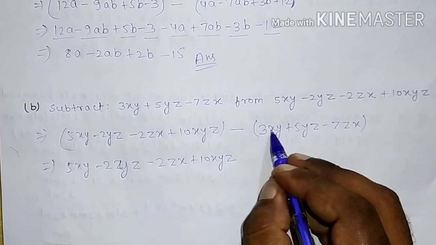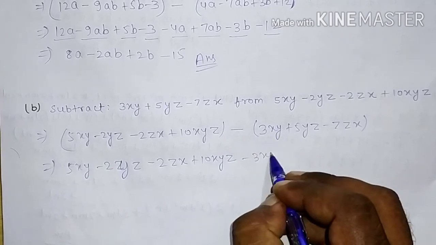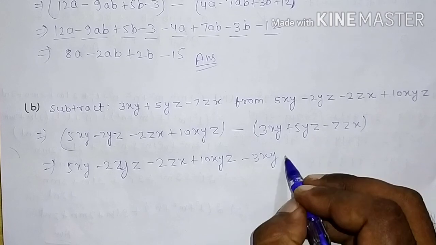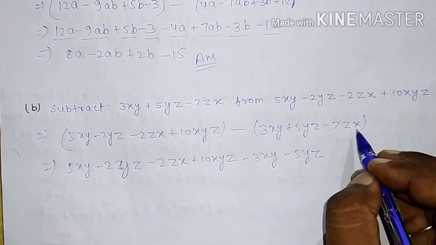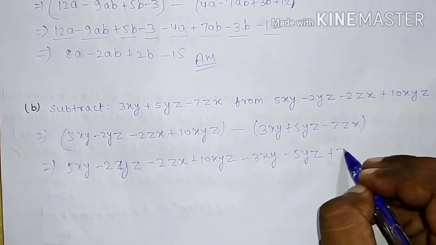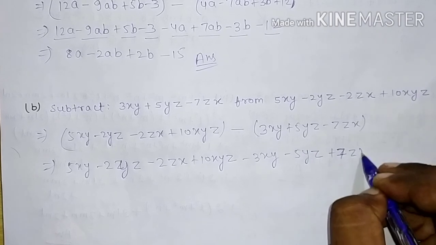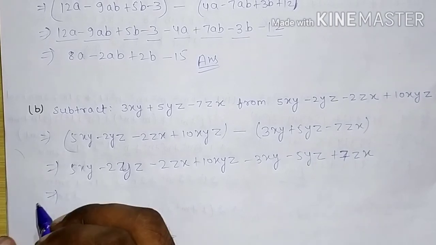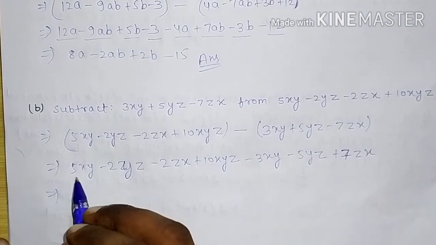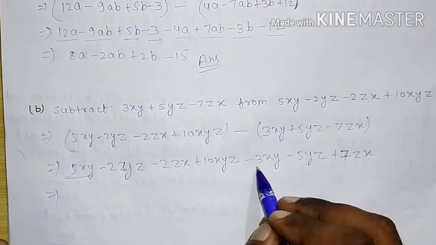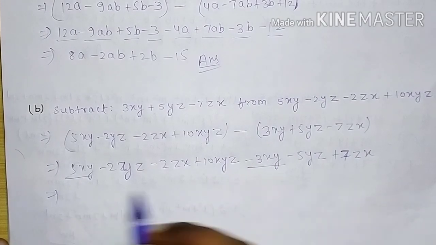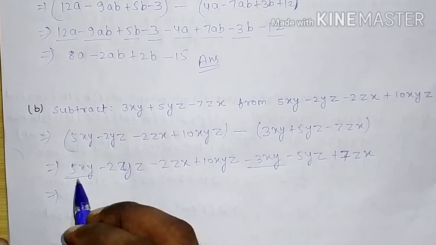So 3xy becomes minus 3xy, plus 5yz becomes minus 5yz, minus 7zx becomes plus 7zx. Now simplify it. 5xy and minus 3xy are like terms.